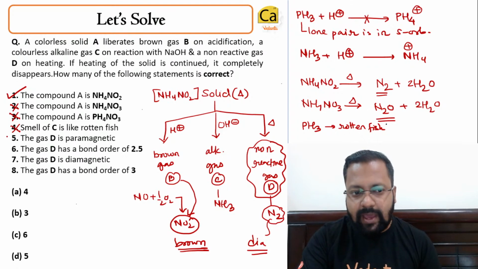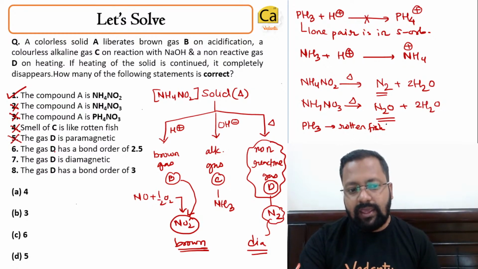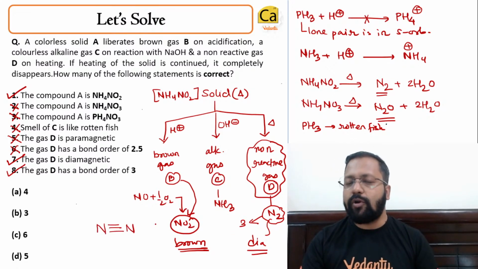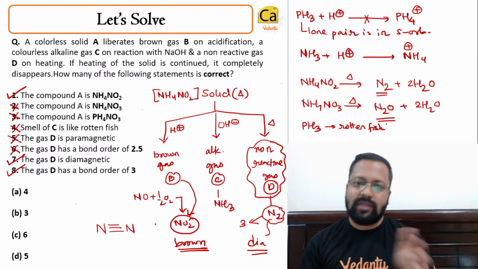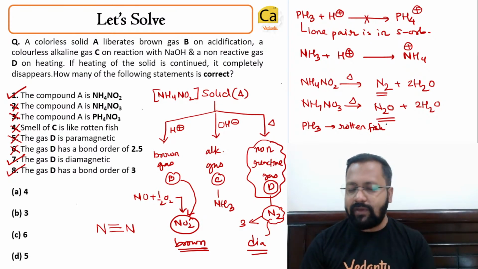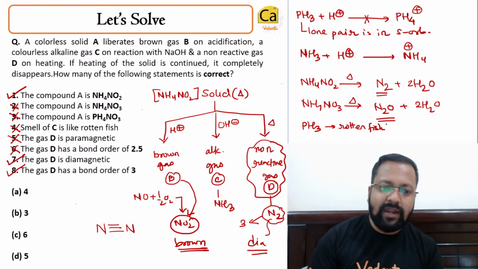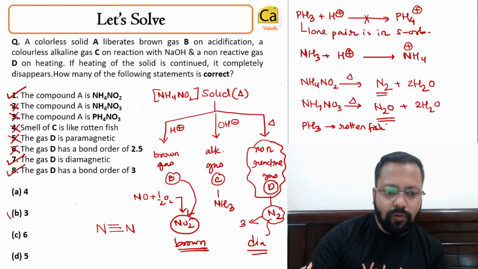So D is paramagnetic? No. D has a bond order of 2.5? No. D is diamagnetic? Yes. Bond order of 3. इसका bond order 3 होता है because nitrogen का structure आप देखो, N triple bond N, then bond order is equal to the number of bonds that exist between these two nitrogen atoms. So हमारे पास correct statements कितने हो जाते हैं? Only 3.